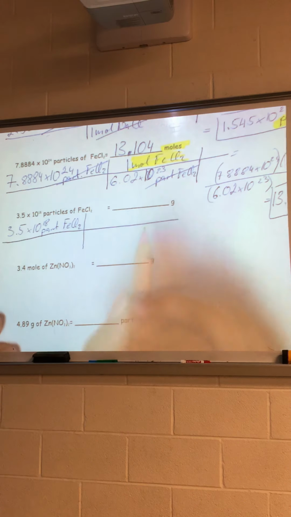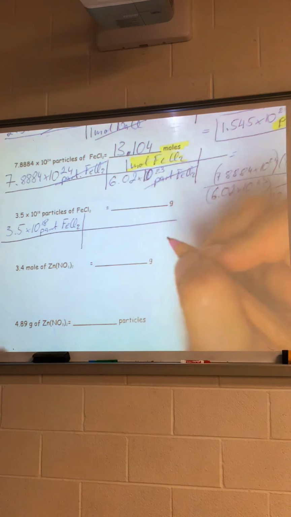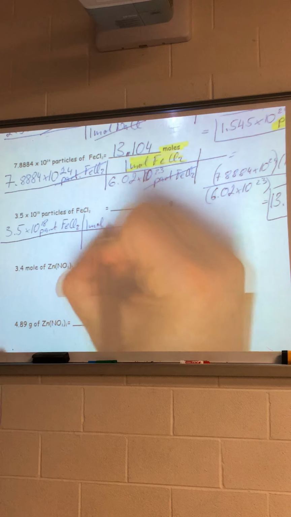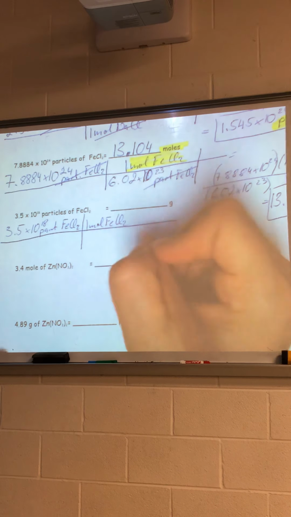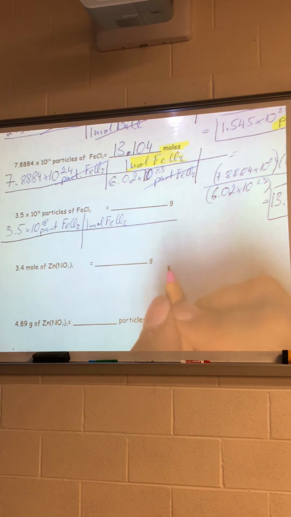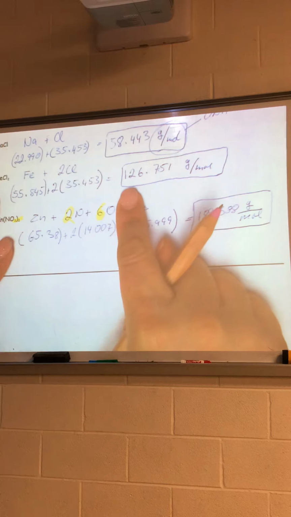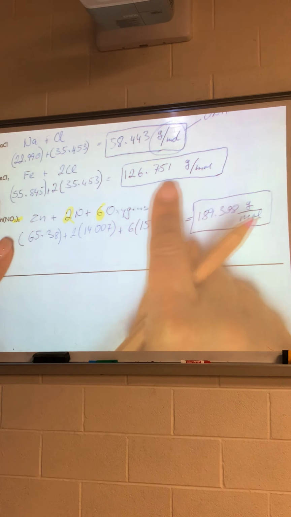So I know that 1 mole of FeCl2. This one is different. Watch me here. 1 mole of FeCl2, from my previous study, is 126.751.